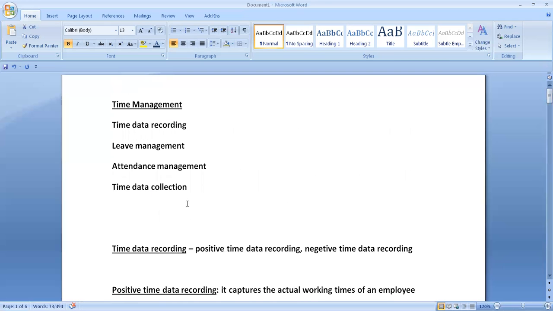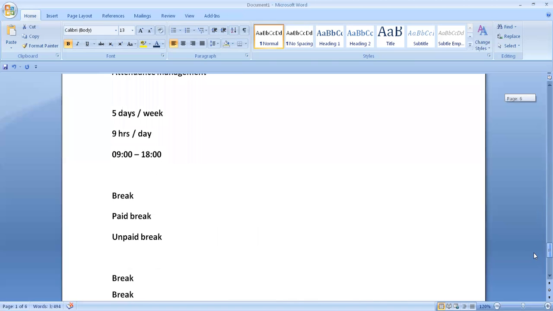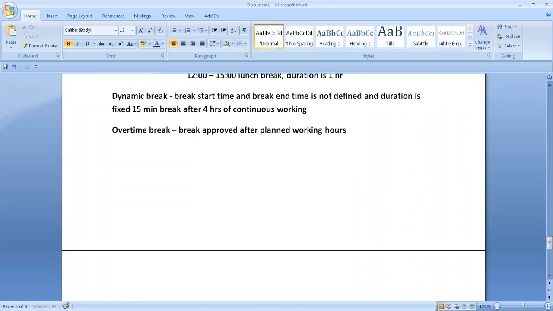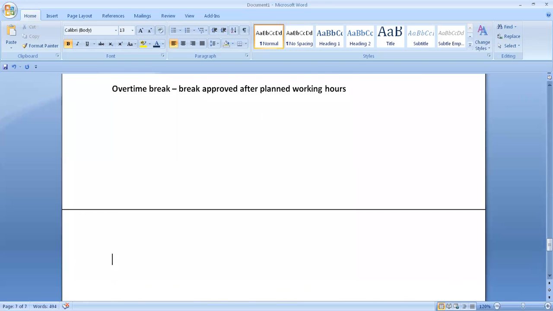Next, time data collection. This time data collection is integrating all three functions. What are the three functions?